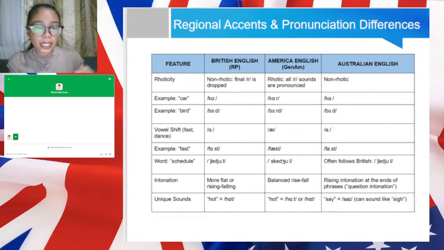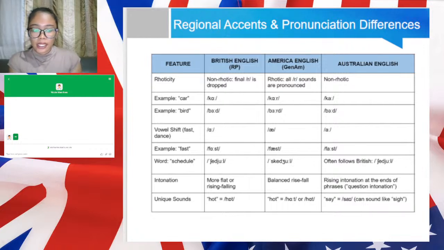There are many kinds of Englishes around the world. We call it world Englishes, but we will lean more on the three major ones, which are British English or received pronunciation or RP, American English or general American, and the third one is Australian English.